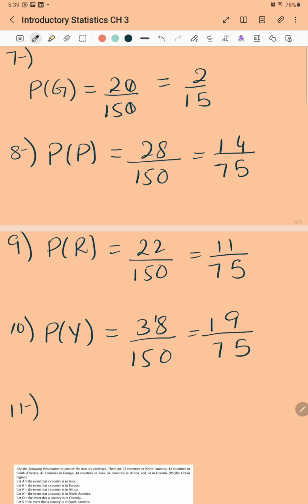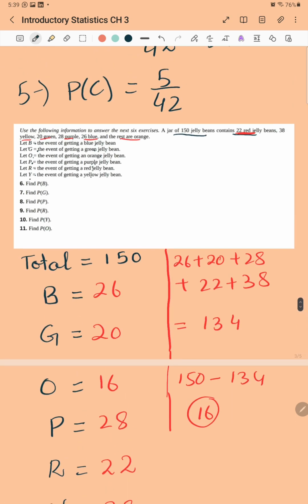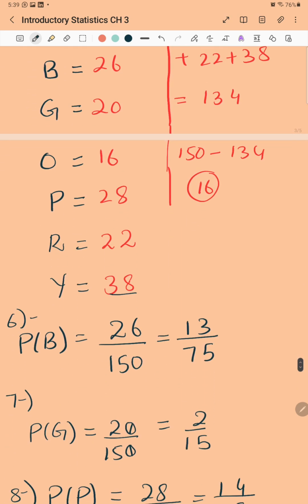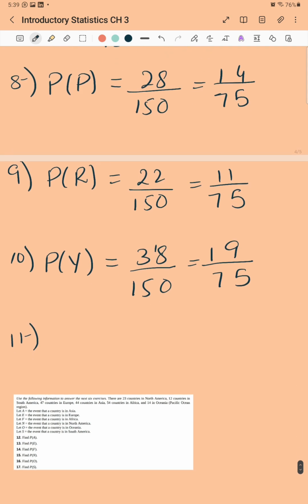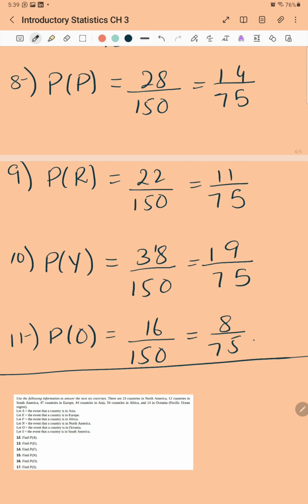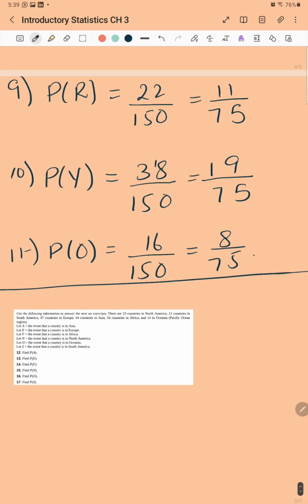Question number 11 is probability for orange, which we found in the last, that is 16. Probability of O, which is 16 over 150. So we have completed this question. How easy it was! We have done it easily, completed it.